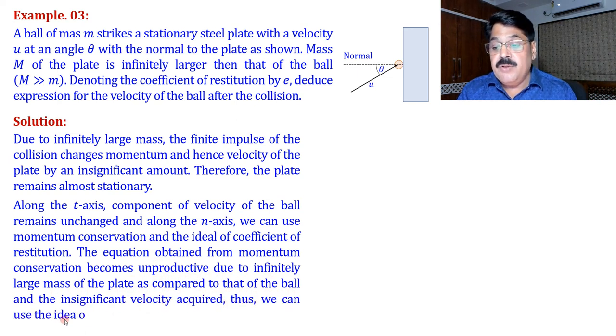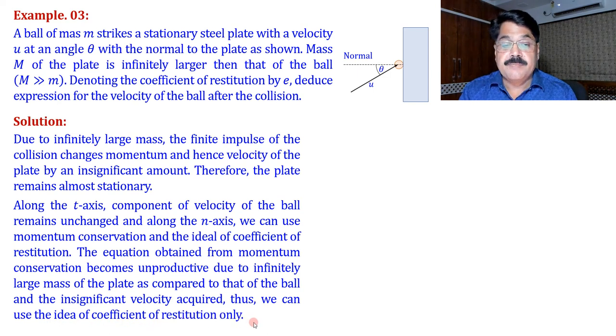Thus, we can use the idea of coefficient of restitution only. So here, momentum conservation we cannot use. So how can we find the velocity of the ball after collision? For the n component, we use the coefficient of restitution, and for the t component, we know that it remains unchanged.